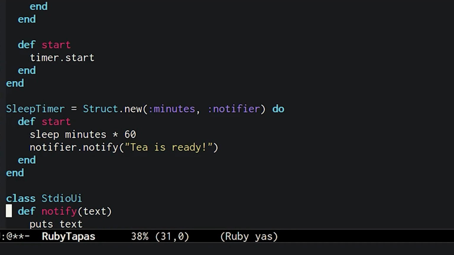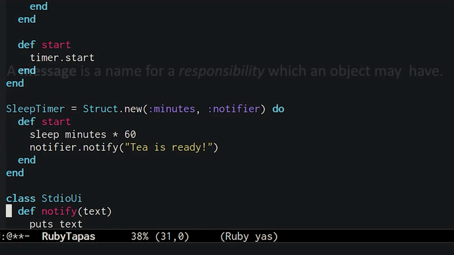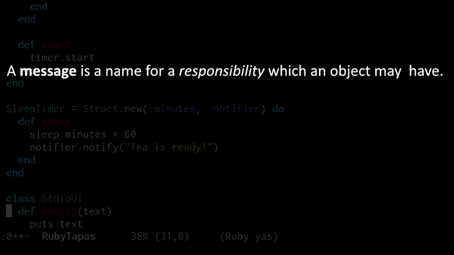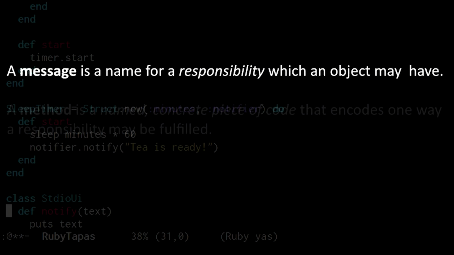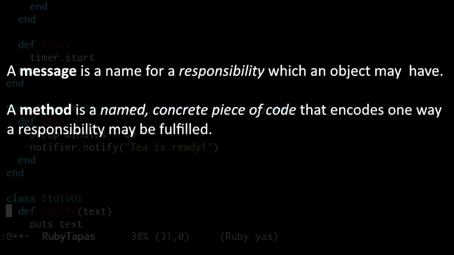When we changed the code to send the notify message to the notifier, it got the most up-to-date implementation of that responsibility. To summarize the difference, a message is a name for a responsibility which an object may have. A method is a named, concrete piece of code that encodes one way a responsibility may be fulfilled. You might say that it is one method by which a message might be implemented.